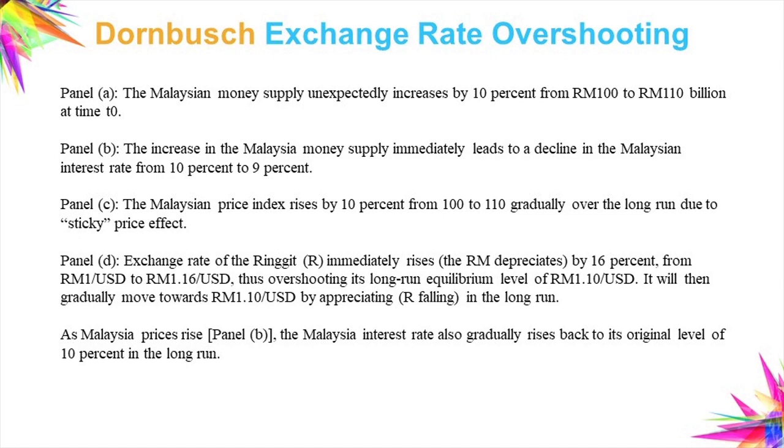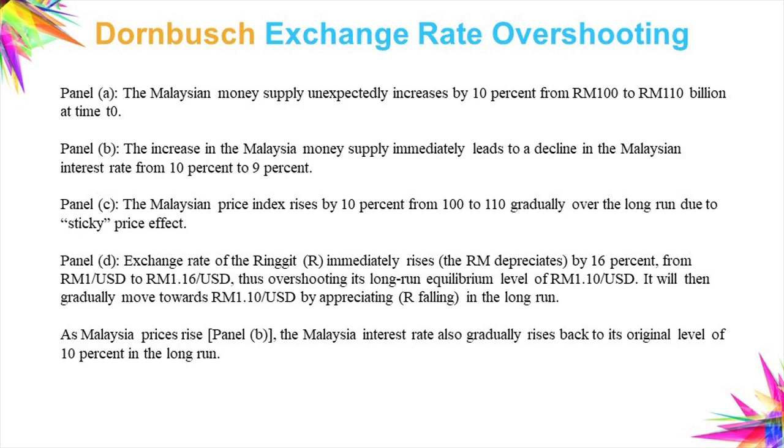Panel C. The Malaysian price index rises by 10%, from 100 to 110, gradually over the long run due to the sticky price effect. Panel D. The exchange rate of the ringgit, R, immediately rises, the RM depreciates, by 16%.